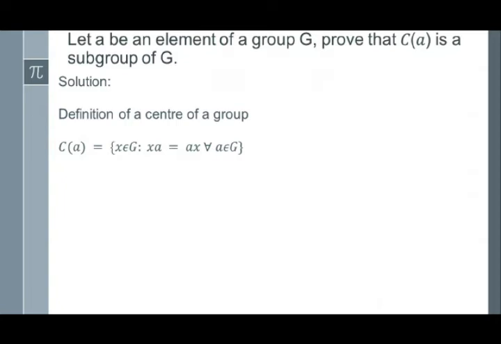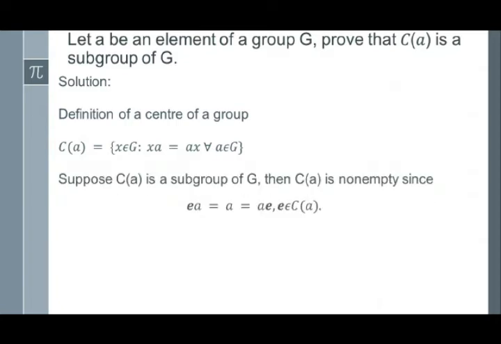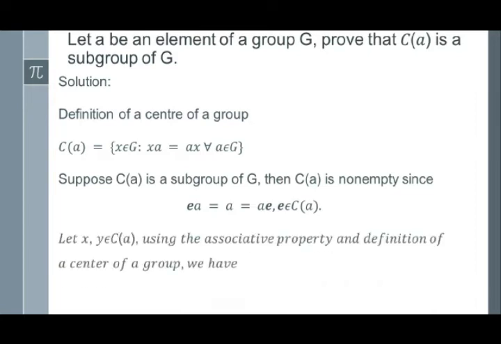Now let's suppose we have C of A is a subgroup of G, then C of A is non-empty since E times A is equal to A times E such that E is an element of C of A. Then we let x, y be elements of C of A, using the associative property and the definition of a center of a group.